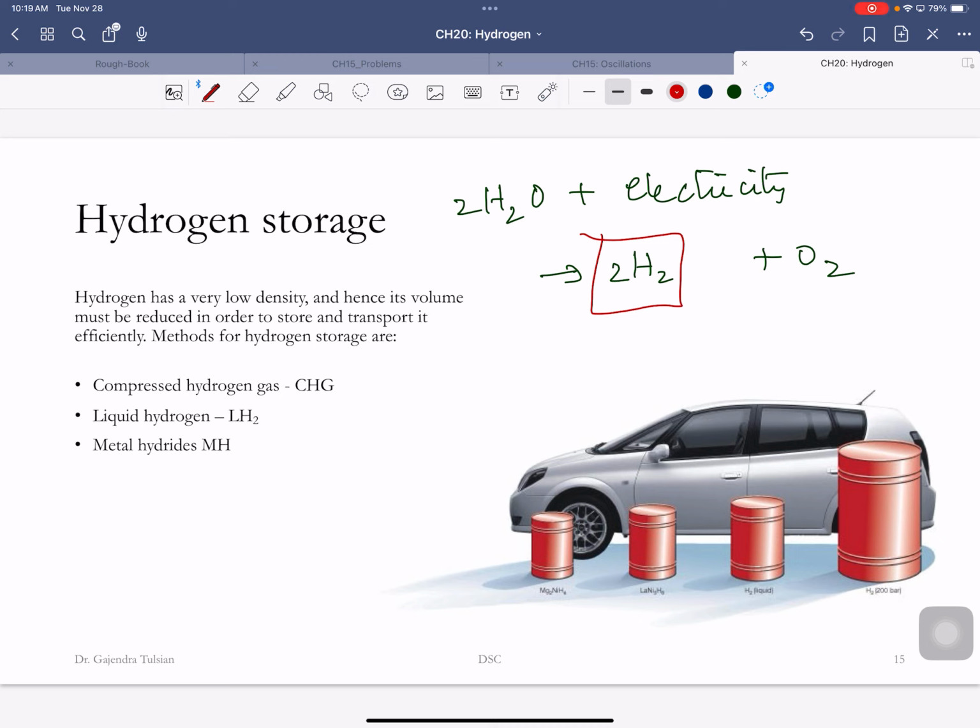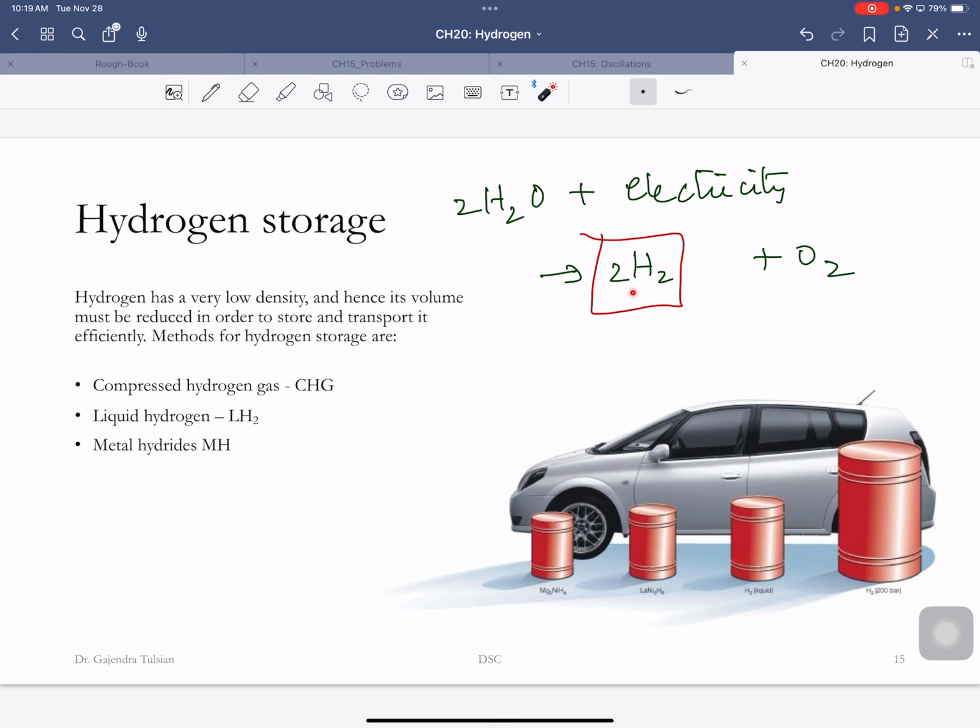The thing is, if you produce a lot of hydrogen, the volume at atmospheric pressure is huge. A car gas tank full of gasoline is equivalent to 1 semi worth of hydrogen. That's too much.